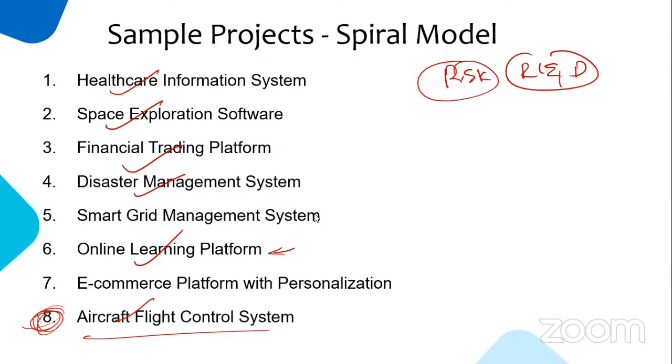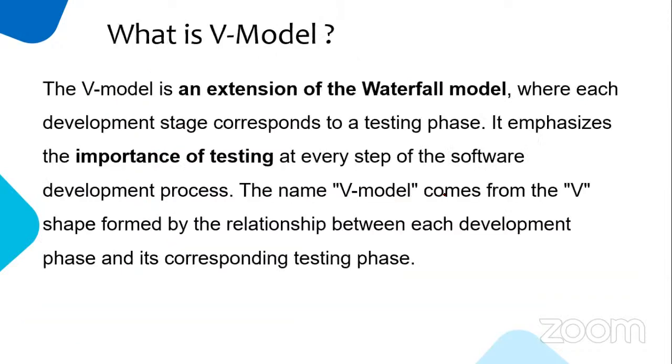Okay, let me move on to the next topic, which is the most important one. Even now, in all the IT companies, they use the V model. The V model is an extension of the waterfall model. The waterfall model is the basement for everyone. Initially, we learned waterfall.